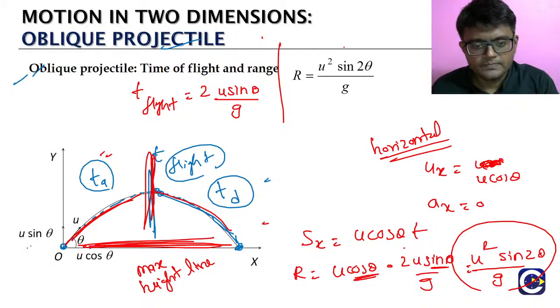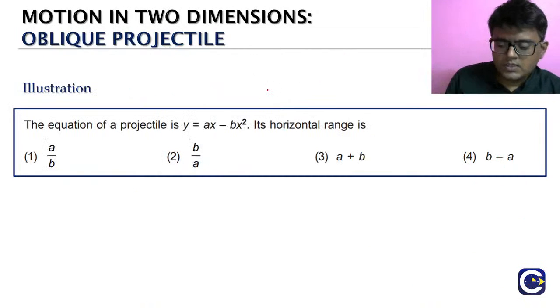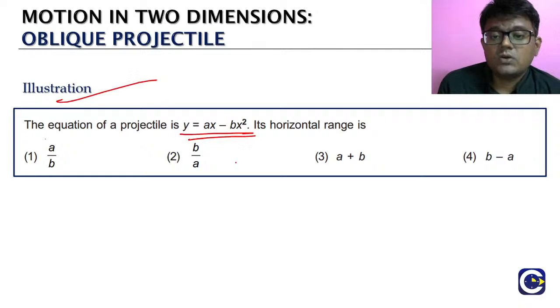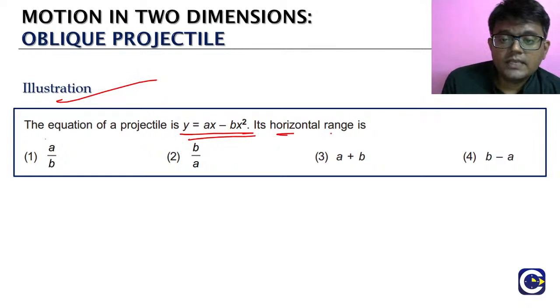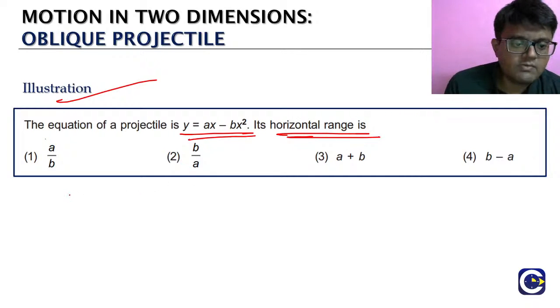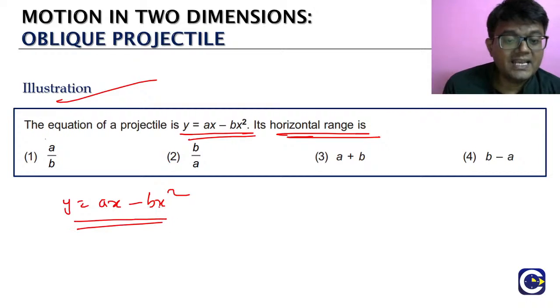Okay, so the question: the equation of a projectile is given by y is equal to ax minus bx square. Its horizontal range is? In this equation we have to find the horizontal range. There are many approaches for this. How? We can calculate it by comparing with the standard equation.